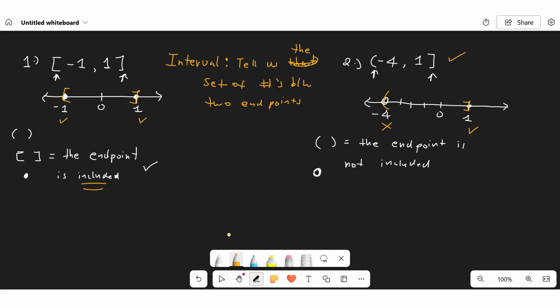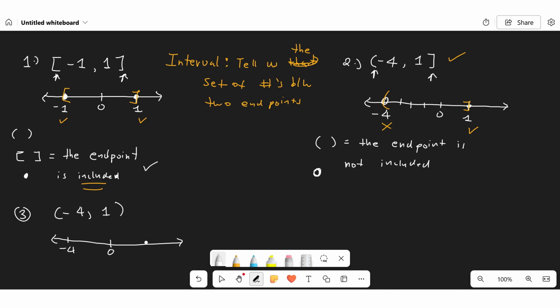Right, let's move on to problem number 3. Let's write it over here. And for number 3, we have this example, -4 and -1. So let's go ahead and draw a number line. We have the origin here, 0. Towards the left, -4.